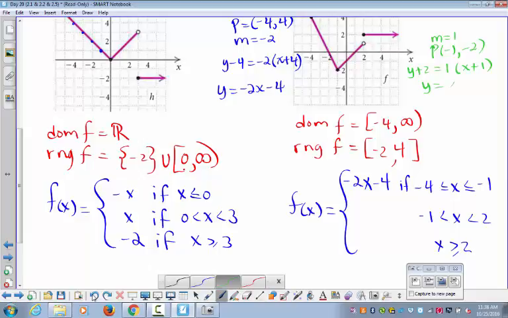So we end up with x plus 1, subtract 2, so y equals x minus 1. And that matches the y-intercept that we see. We see a y-intercept of -1, and we see a slope of +1, so that matches. So that's our middle piece. And then the easy one, our last piece, it's 2. A constant 2 if x is greater than or equal to 2. Good? Makes sense?